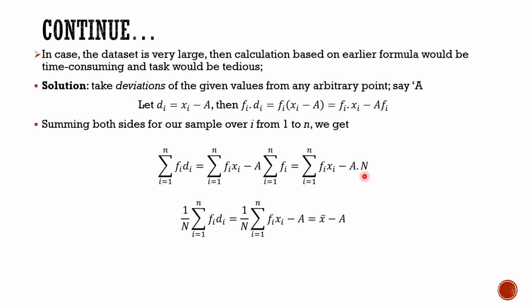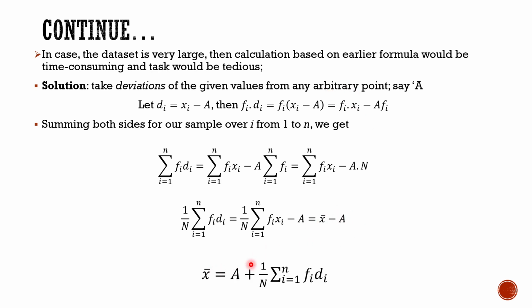Here when we divide a into n by n, the n is cancelled out, and finally we get this, which is actually the x bar or the mean, which we have already mentioned in the last example, and this is minus a. So if you calculate this, you will have to subtract the arbitrary point you have chosen from the mean.